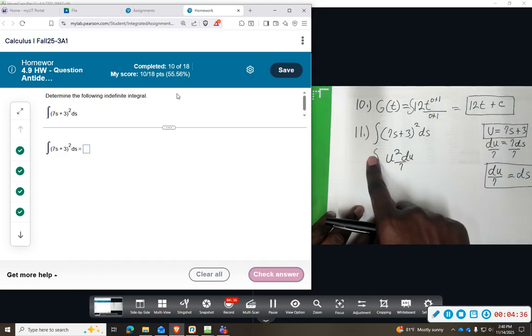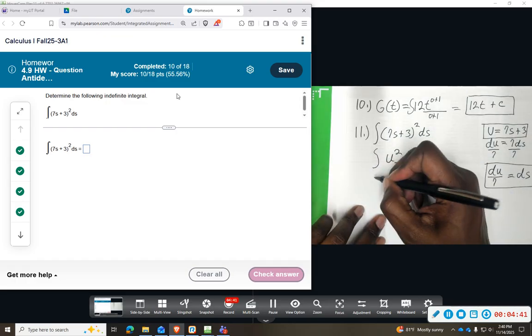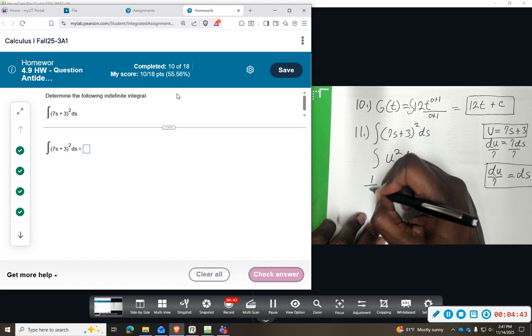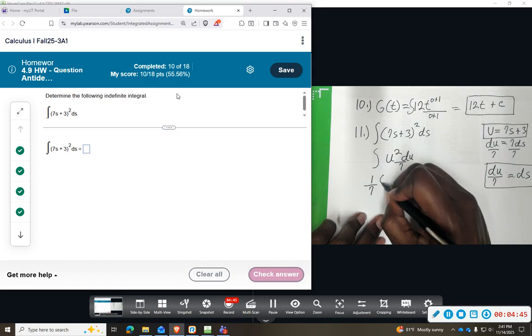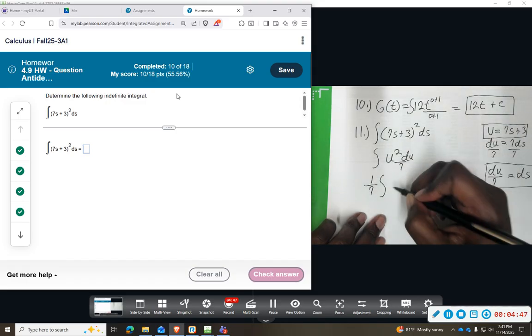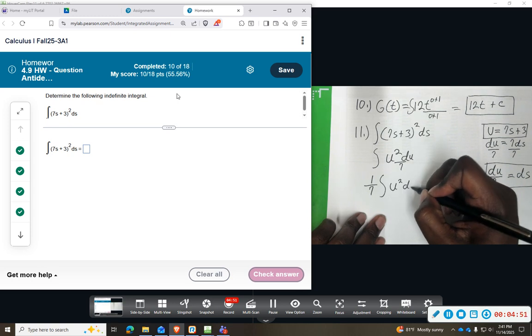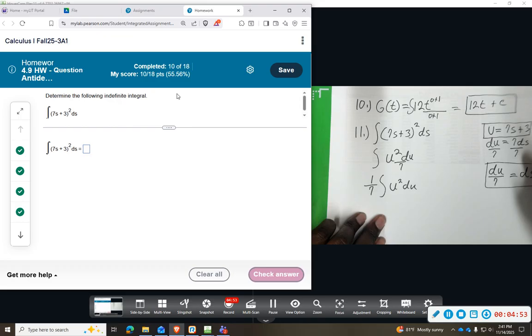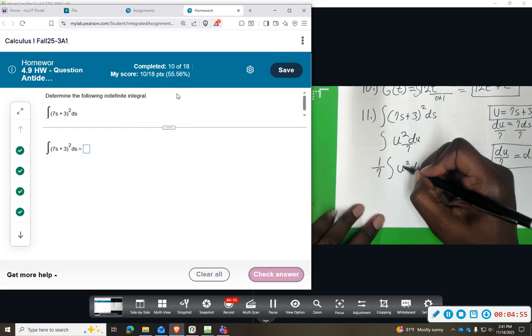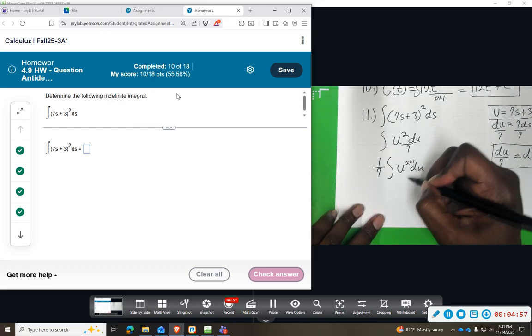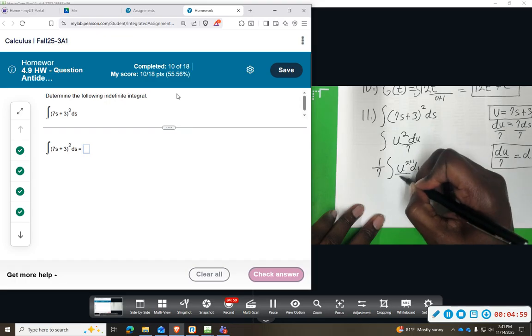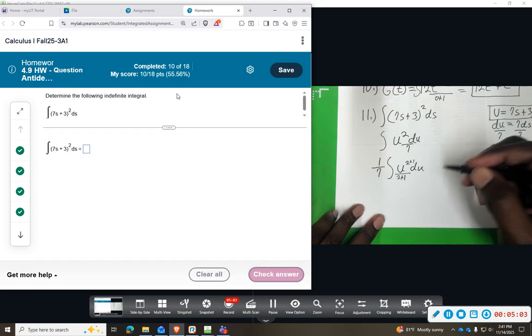So whenever you take the integral, remember you can factor out a constant, so we can just pull that 1 over 7 to the outside, and now we can find the integral like this. So if you add 1 and then divide by that same power, that's going to give you your integral.